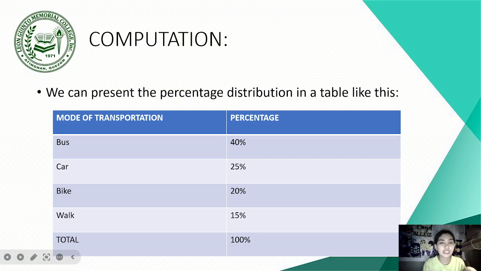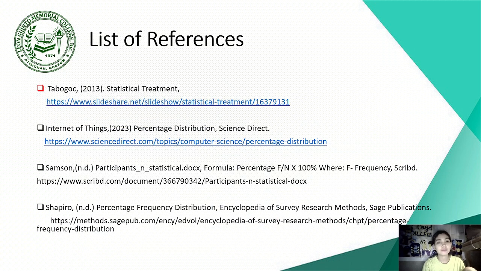We can present the percentage distribution in a table like this. For the bus, we have 40%, car 25%, bike 20%, walk 15%, for a total of 100%.